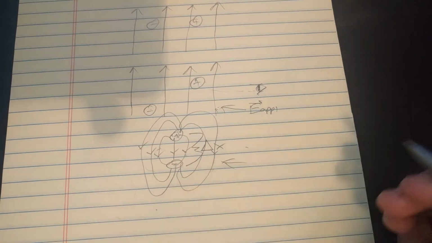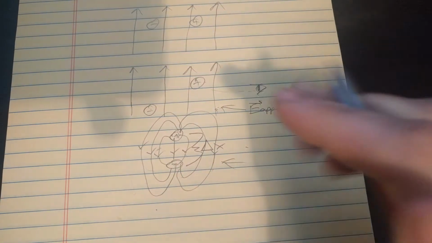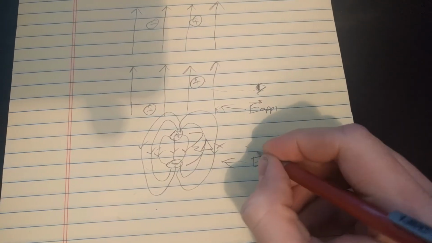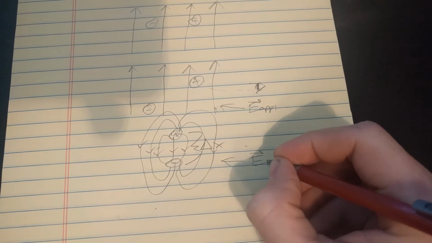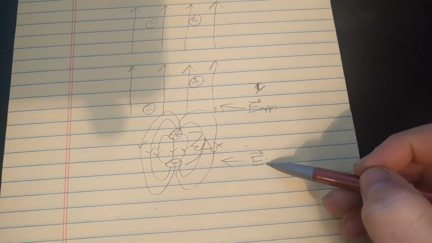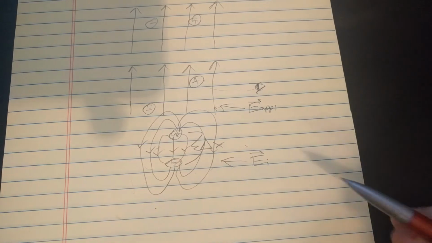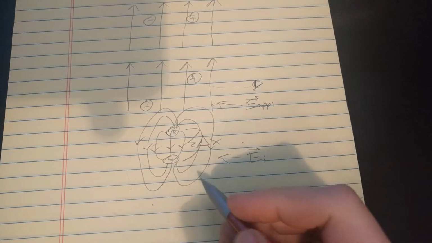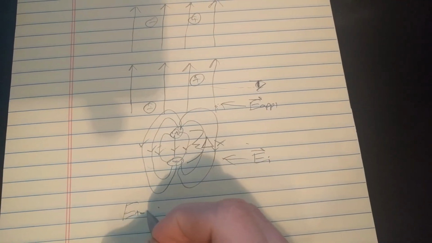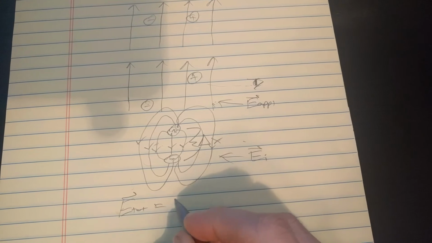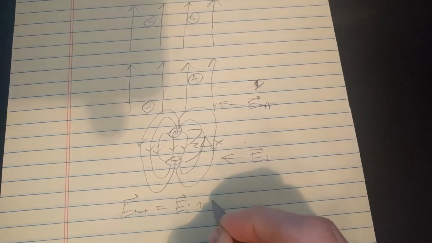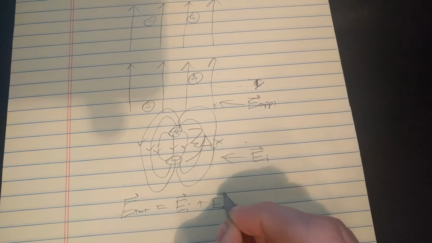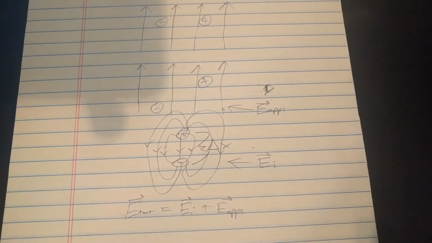We're going to call the field just from the dipole, ignoring our applied field, E sub I, for internal, like internal to these charges, or induced. And our total electric field, E tot, is going to be a sum of the induced electric field and the applied electric field.